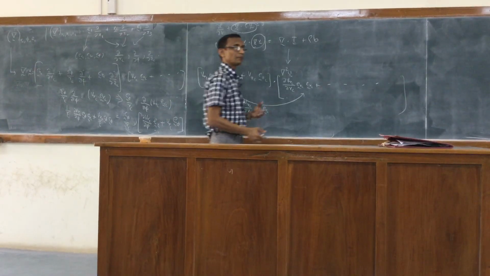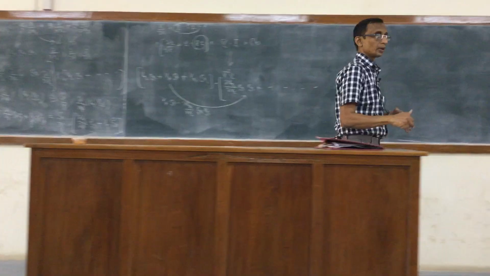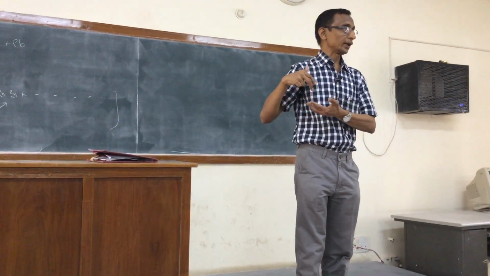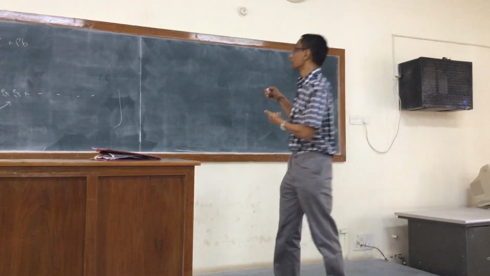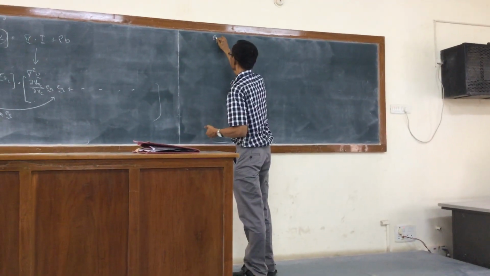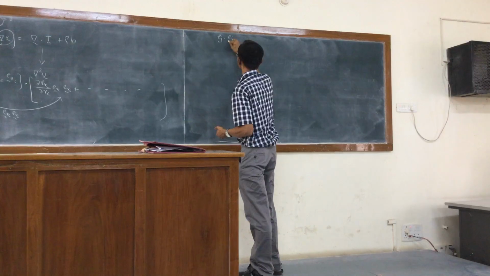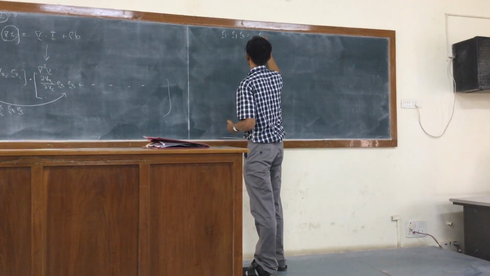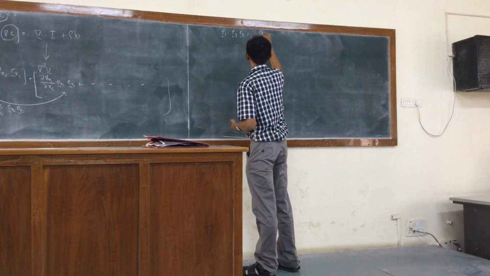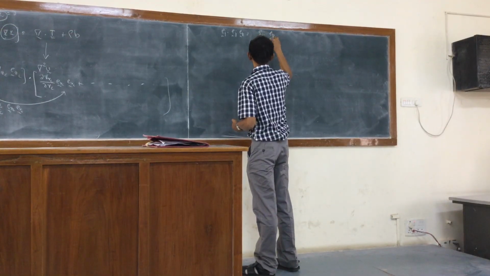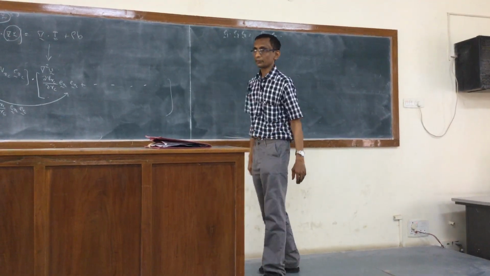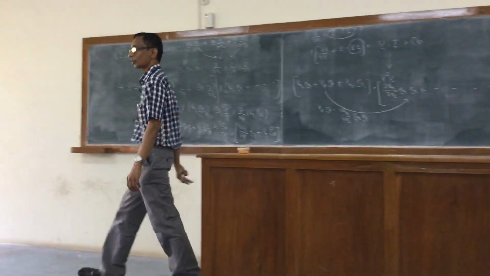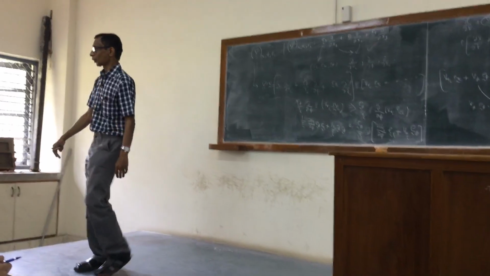Here again, we can show that the formula I wrote down for the rectangular coordinate system, namely EI dotted with EJ EK is equal to delta IJ EK, will carry through to the cylindrical coordinates also.